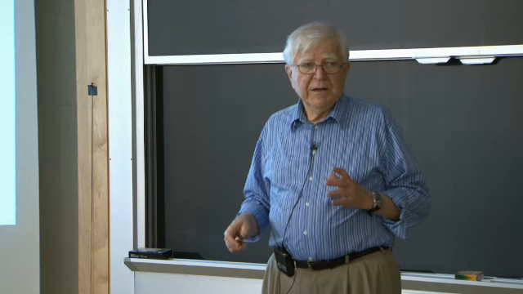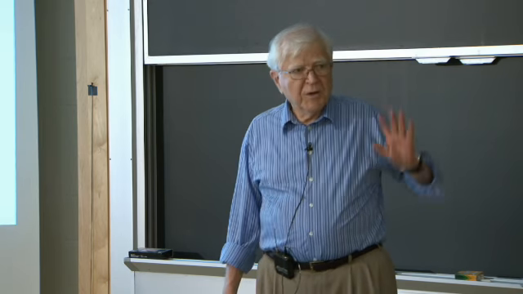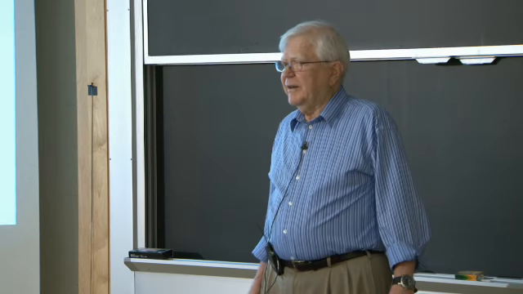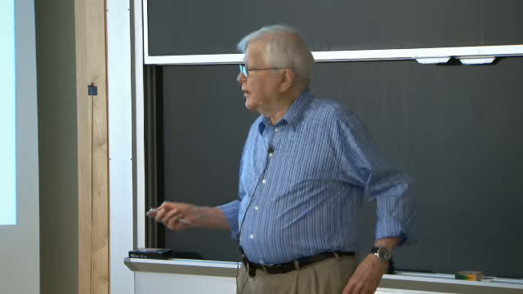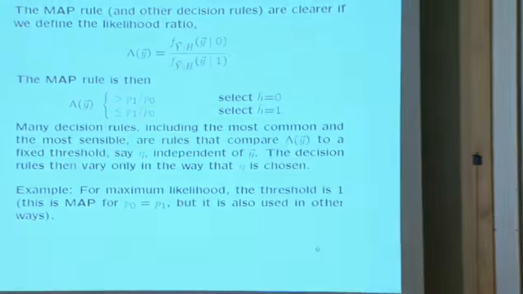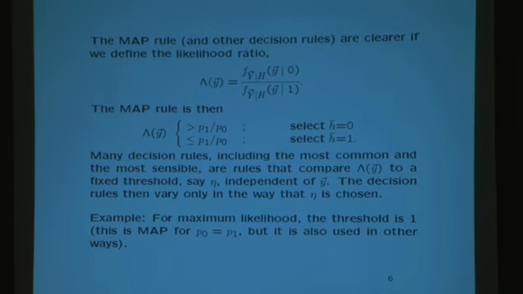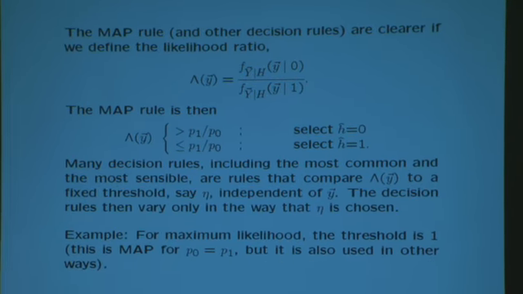You want to do something which takes those costs into account. One of the problems in the homework does that. It's almost trivial to readjust this problem so that the threshold involves the costs also. If you have arbitrary costs in making errors, you change the threshold a little bit, but you still use a threshold test.